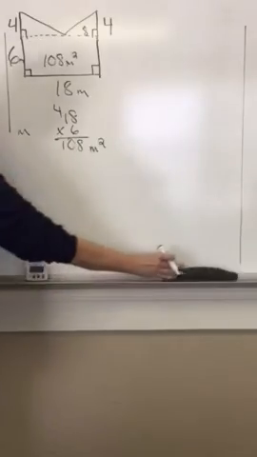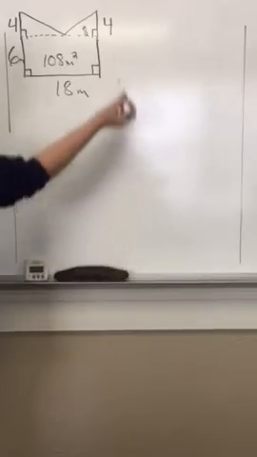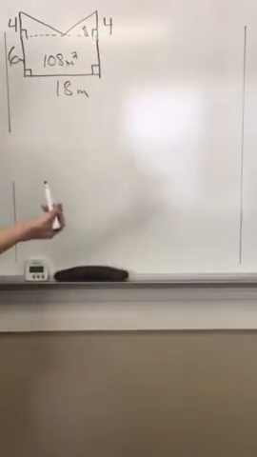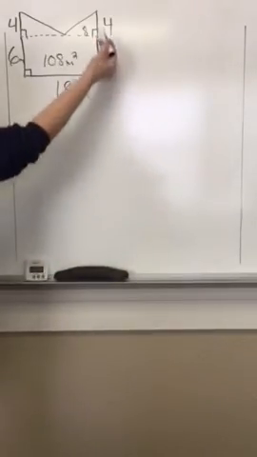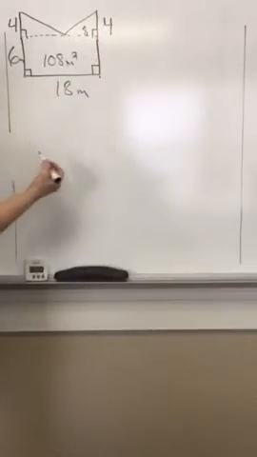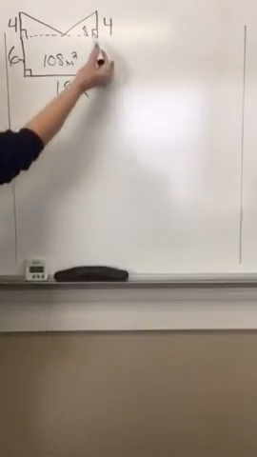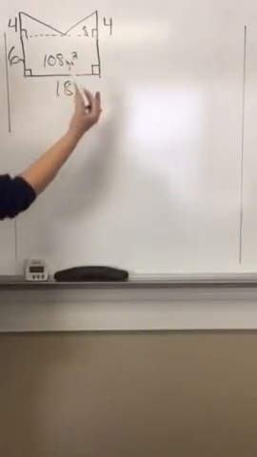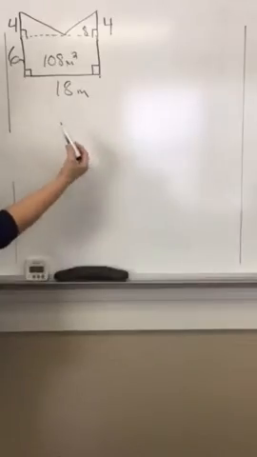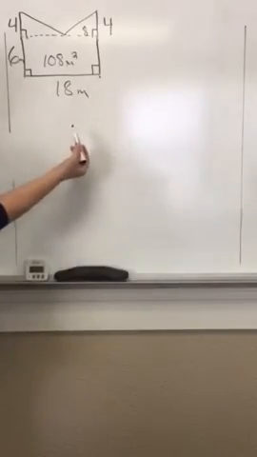Now, let's look at the triangle on the right, because it already gives us the two dimensions that we need, 4 and 8. But you have to remember that the formula for area of a triangle is base times height divided by 2. We must divide by 2 because a triangle is just half of a rectangle.